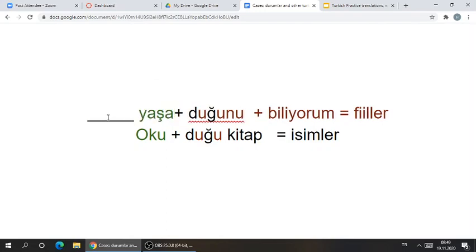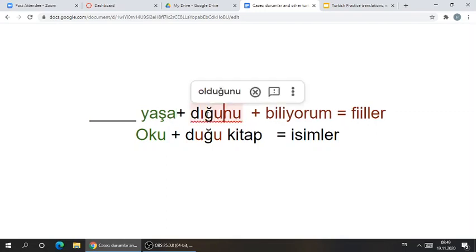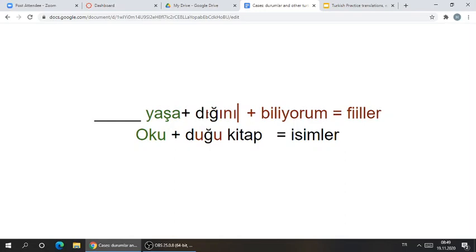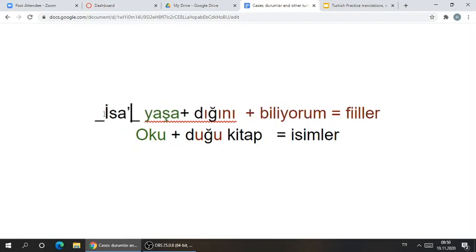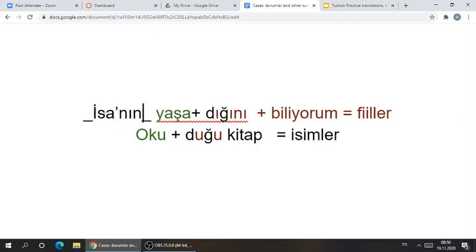For example, İsa'nın yaşadığını, and then you have to change this to the vowel harmony for yaşa. İsa'nın yaşadığını biliyorum. I know that, remember, that lives Jesus. This also, by the way, needs to be possessive.